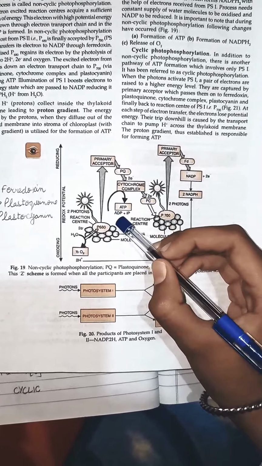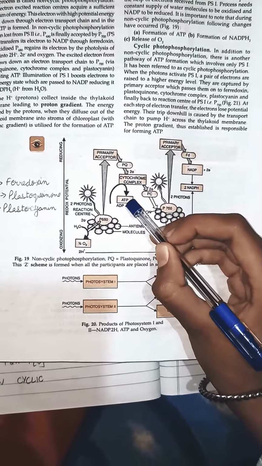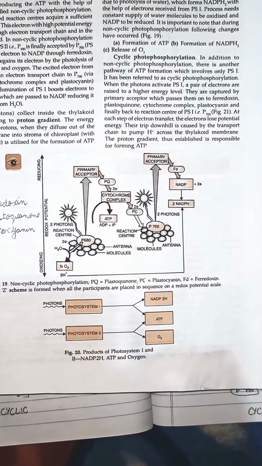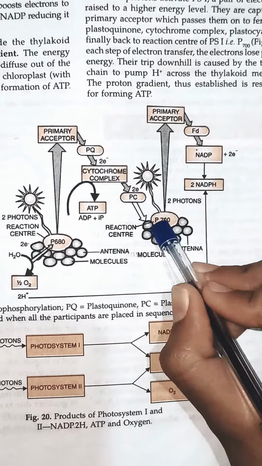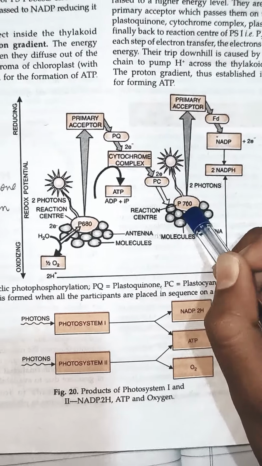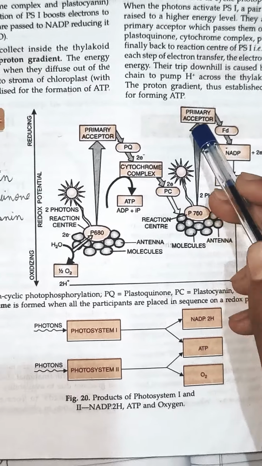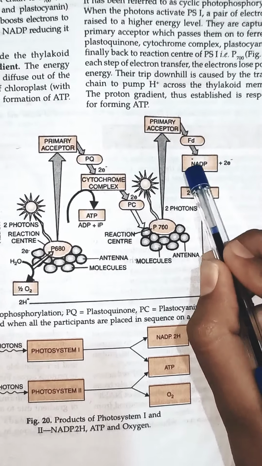From here ADP and inorganic phosphate are converted into ATP. Now these two electrons pass to PC and then to photosystem 1, which is P700. Again light falls on P700 and the electrons pass to the primary acceptor, which passes them to FD and NADP.